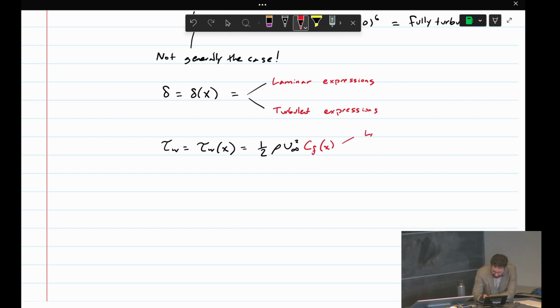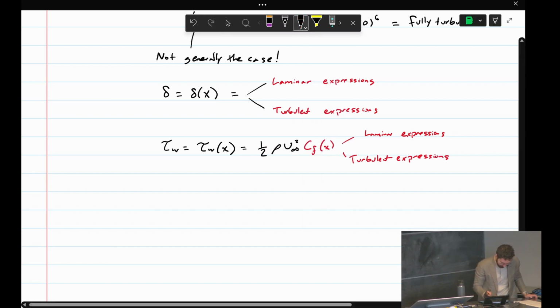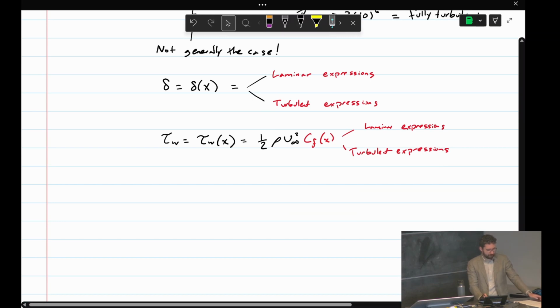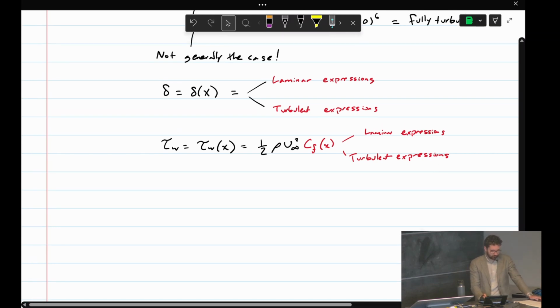And for that, we also have laminar expressions and turbulent expressions. Any questions about this?